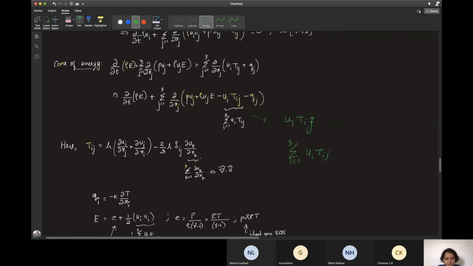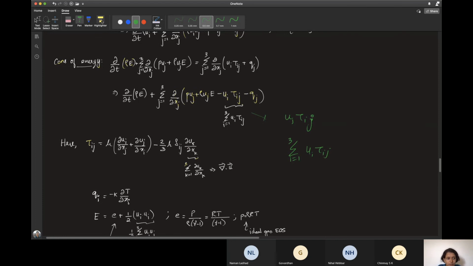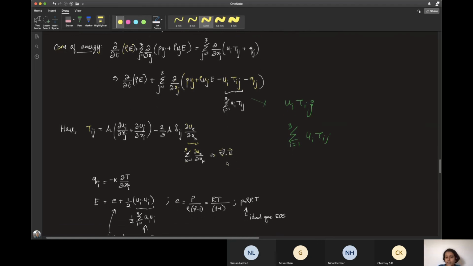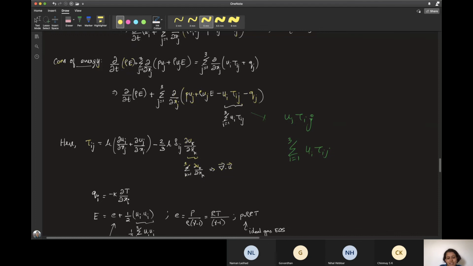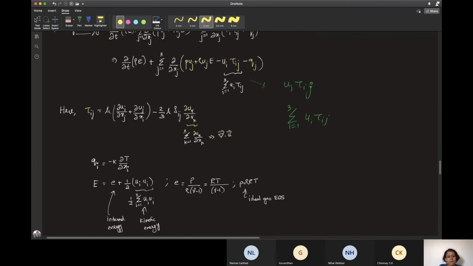The same thing is happening over here as well. That is, you have dou uk by dou xk. That actually means that you're summing over k, which is the divergence of the u vector in vector notation. So this is index notation, and this is vector notation for the same thing.